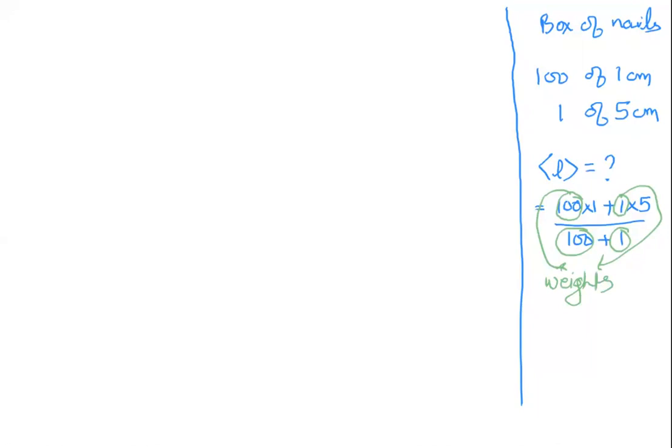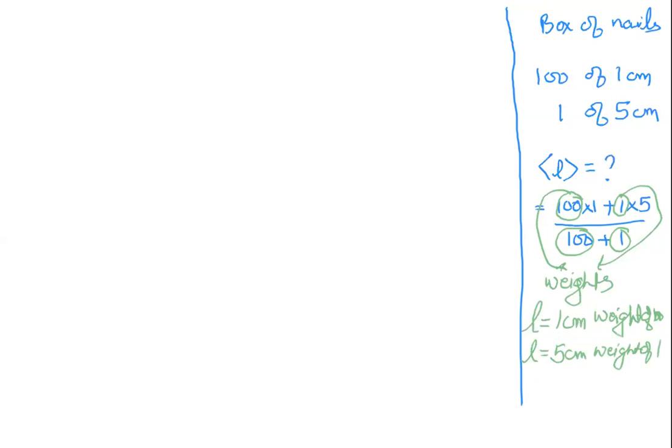of lengths. So basically what is happening is that here I am saying that look, length equal to 1 centimeter has a weight of 100. This has got nothing to do with the weight that we have studied in physics. This is mathematical. And L equal to 5 centimeters has a weight of 1.